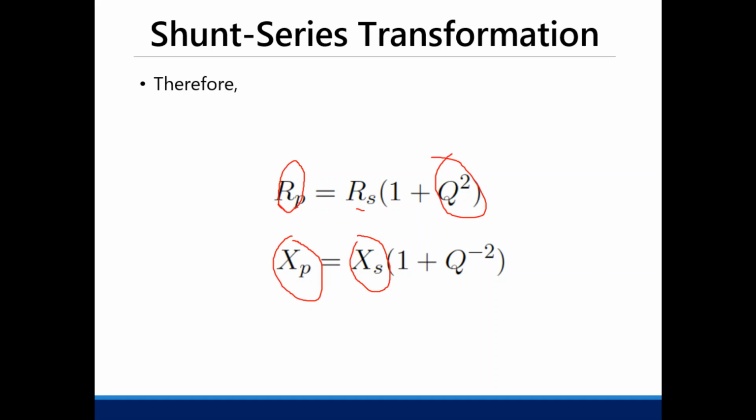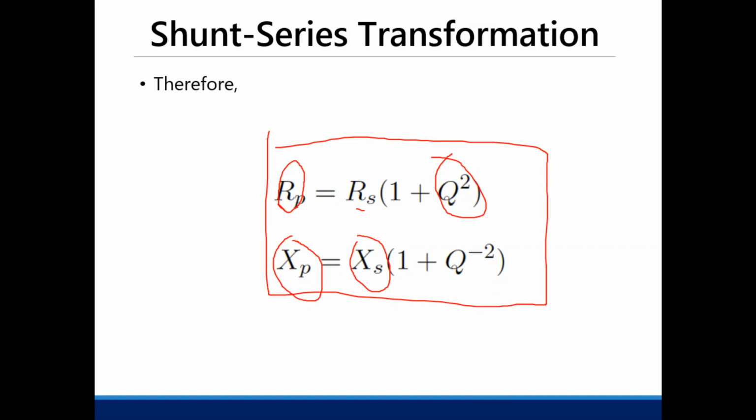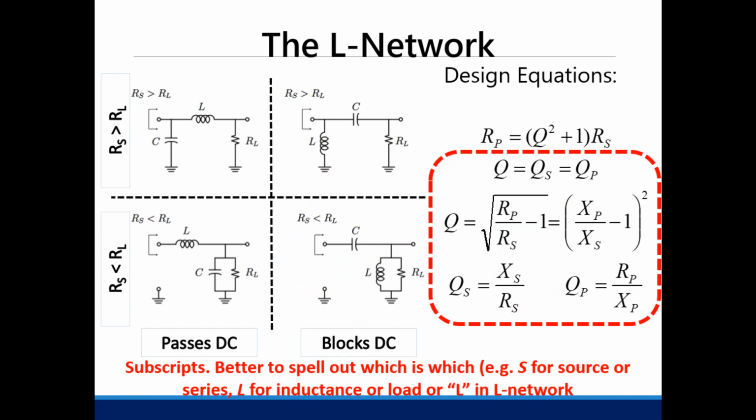This is the transformation from shunt to series and vice versa. Since Rp is equal to Q squared plus 1 times Rs, the Q can now be defined as a function of your parallel resistance and your series resistance.